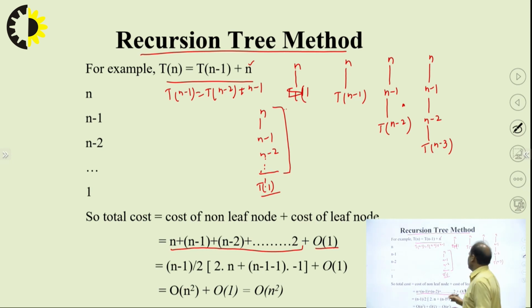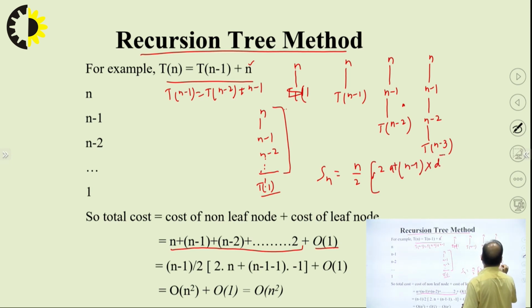So if we remember, the sum of an arithmetic progression is n by 2 times (2a plus (n minus 1) into common difference).